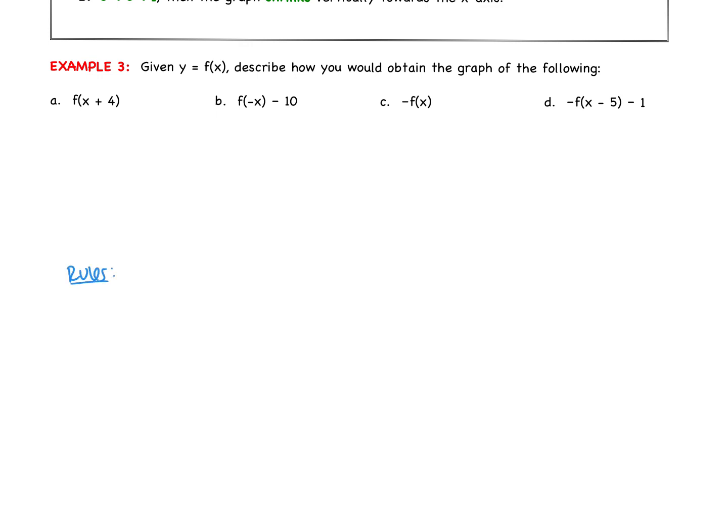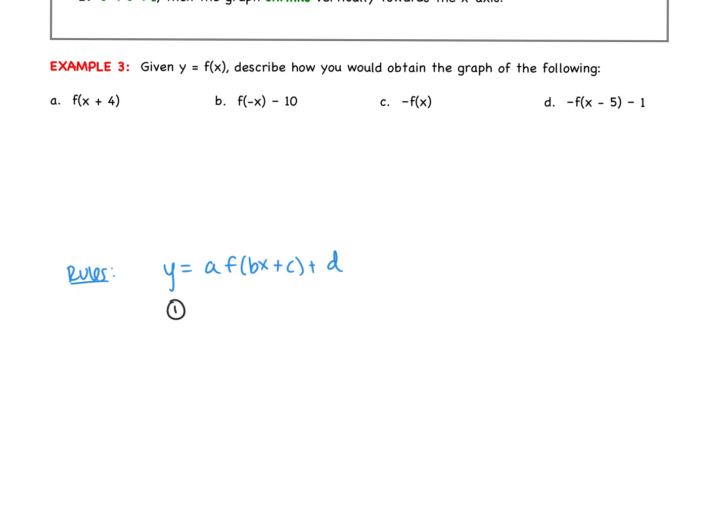Okay, first of all, here is our general function. We could have something outside, we could have a few things inside, and we could have things outside. So, A, B, C, and D are all things that are changing our graph. So if we were at the most complicated translation, we would be doing 4 things. Here's what I need you to know.